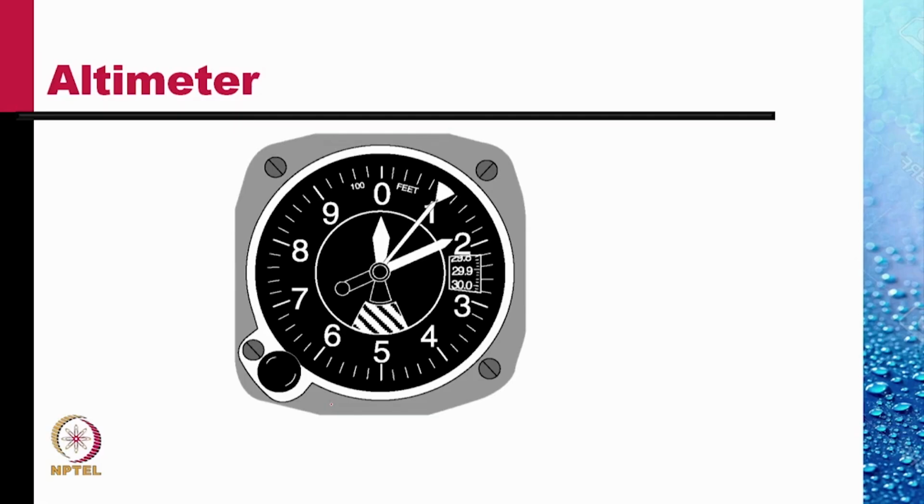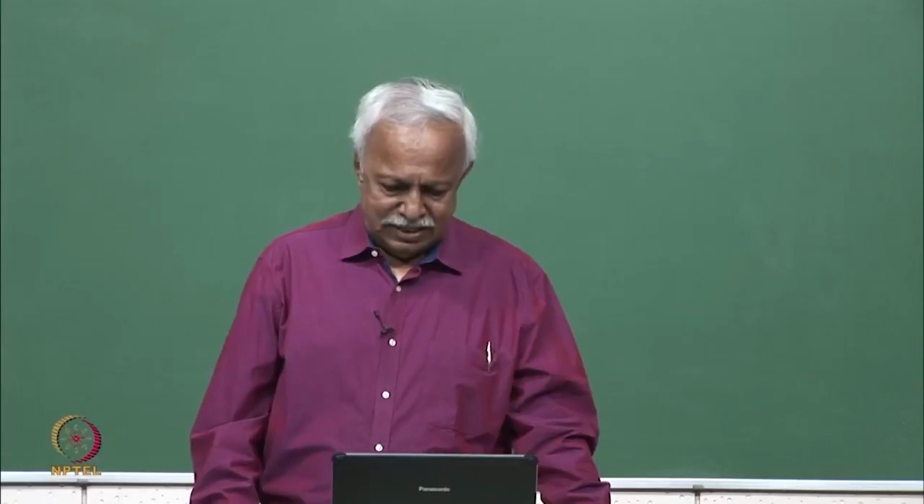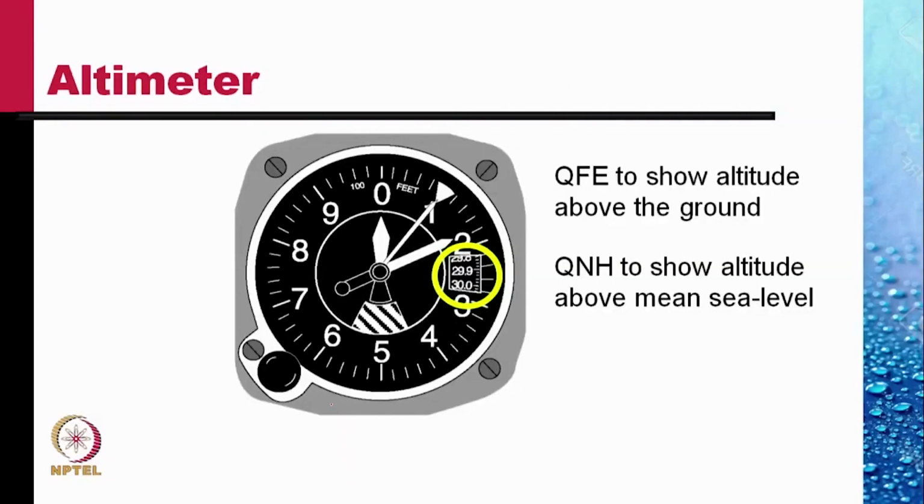So it is always advisable to ask the traffic controller the atmospheric pressure at the airfield. The pilot calls the control tower and asks what is the pressure. The word used for this is QFE. QFE are the letters that indicate the altitude above the ground, above the airstrip at which you are going to land.